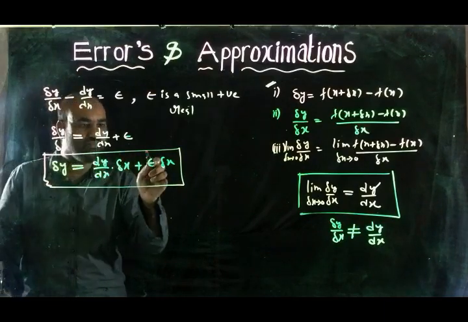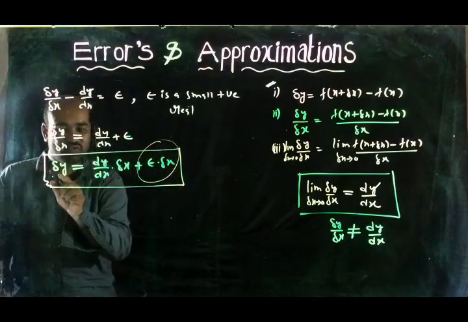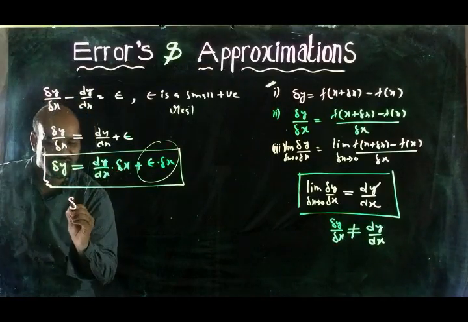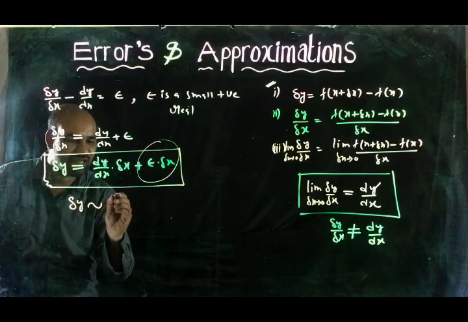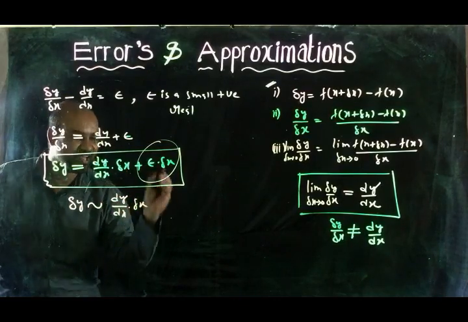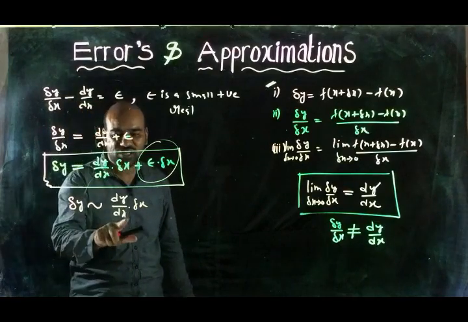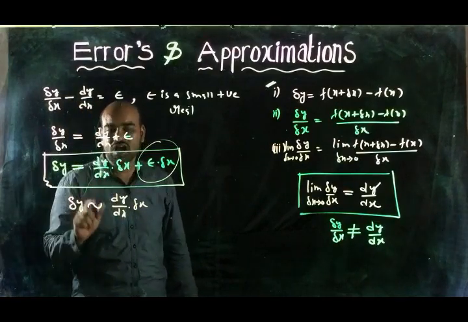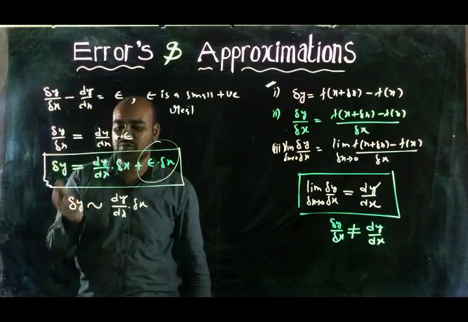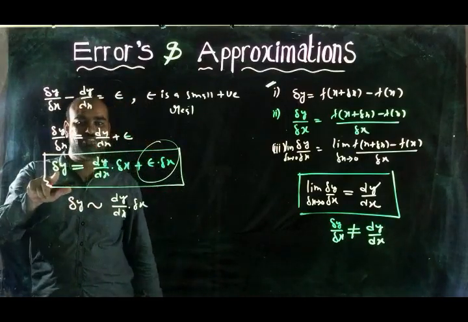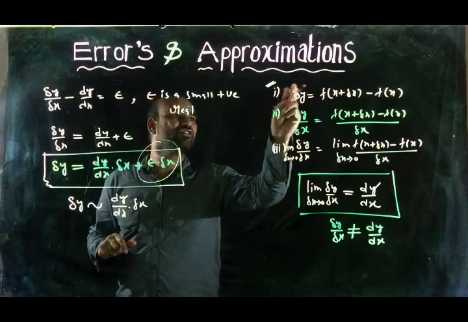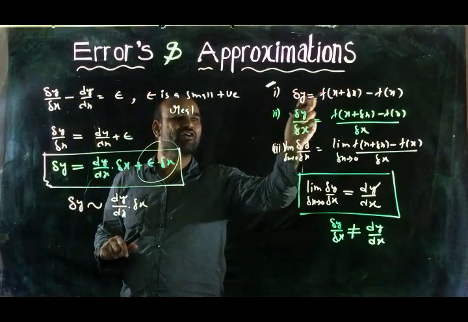If I remove the epsilon term, the value is approximately equal to this. That's why delta y is approximately equal to dy by dx into delta x. Using this relation we can find the approximate change in y with respect to x, while the earlier one gives the exact change in y.